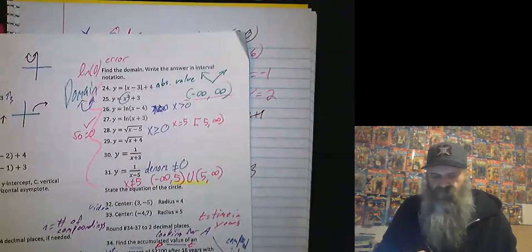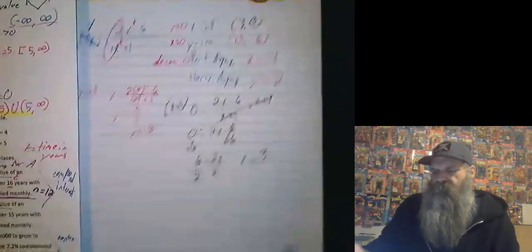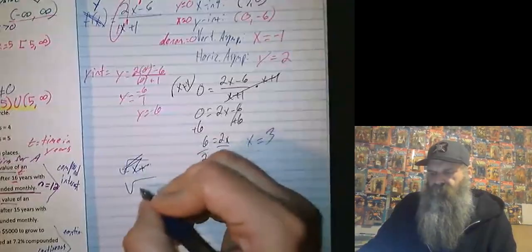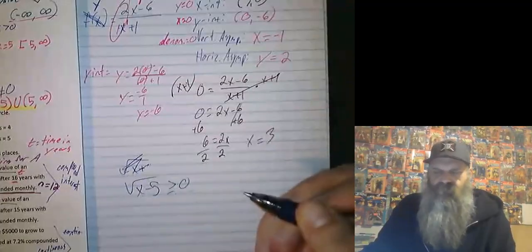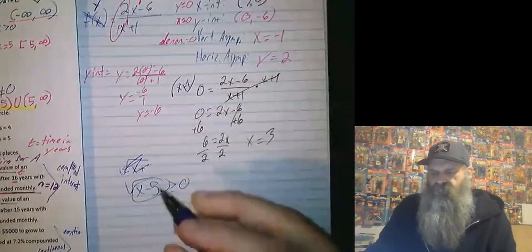Just to work that out a bit more in case anyone was confused. Again, the square root of x minus 5 needs to be greater than or equal to 0. Or what's inside of it needs to be.